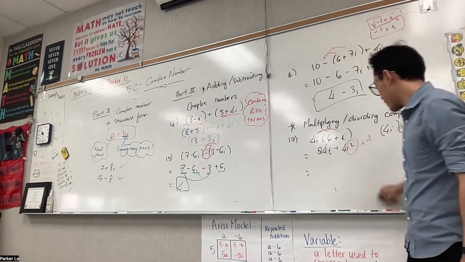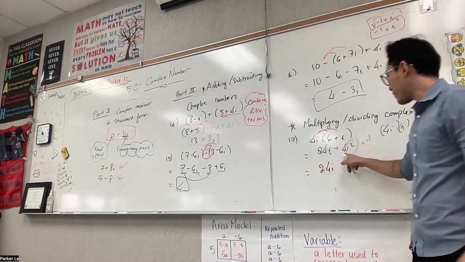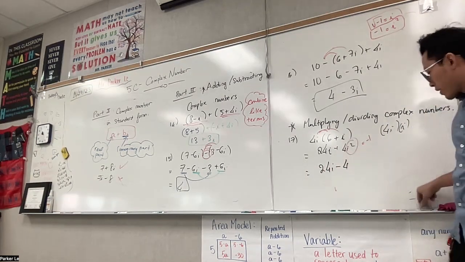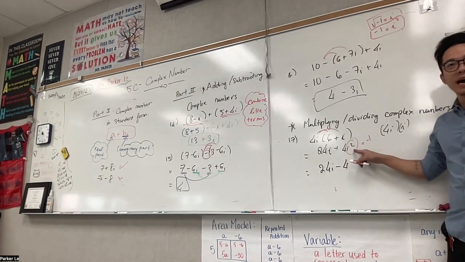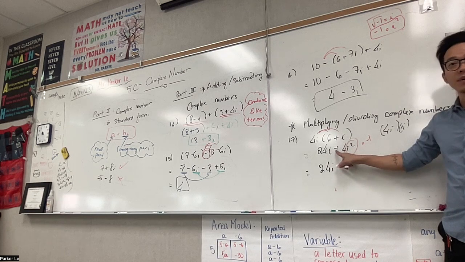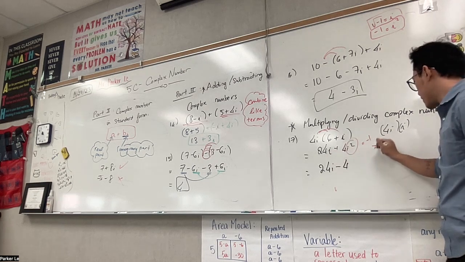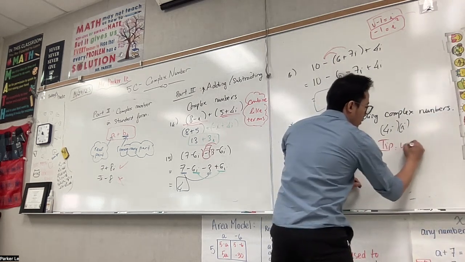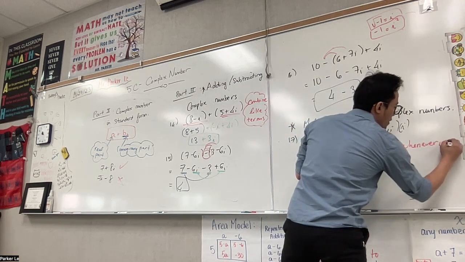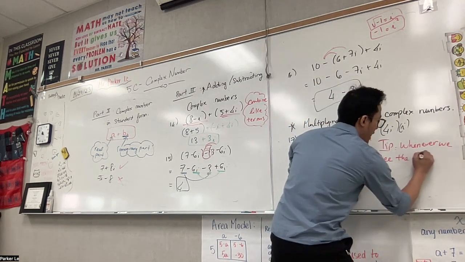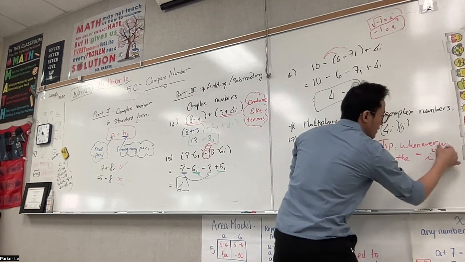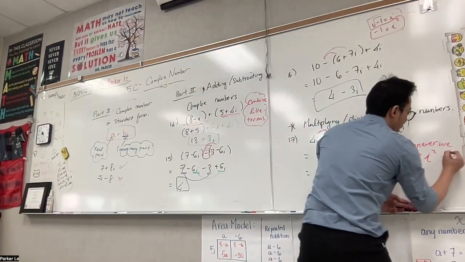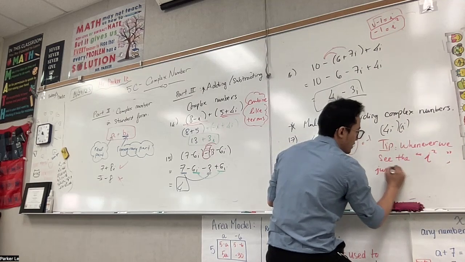This is not complete. So 24i, 4 times negative one is negative 4. So here is the shortcut. Whenever you see the i squared, you just need to flip the sign of it. Note the shortcut tip: whenever we see the i squared, just flip the sign.